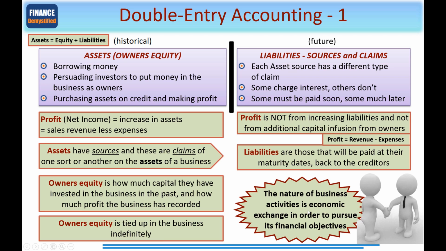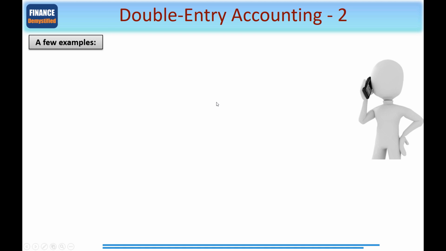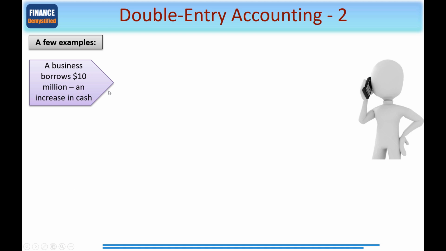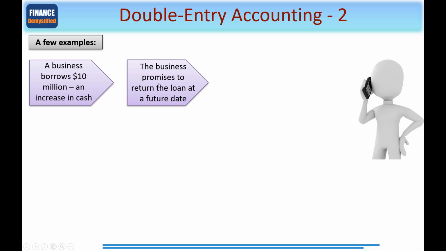Now, the nature of business activities could be defined as economic exchange in order to pursue its financial objectives. Let's give you a few examples here. Let's say a business borrows $10 million, which is an increase in cash. For what? Well, the business promises to return the loan at a future date. So this is a liability.